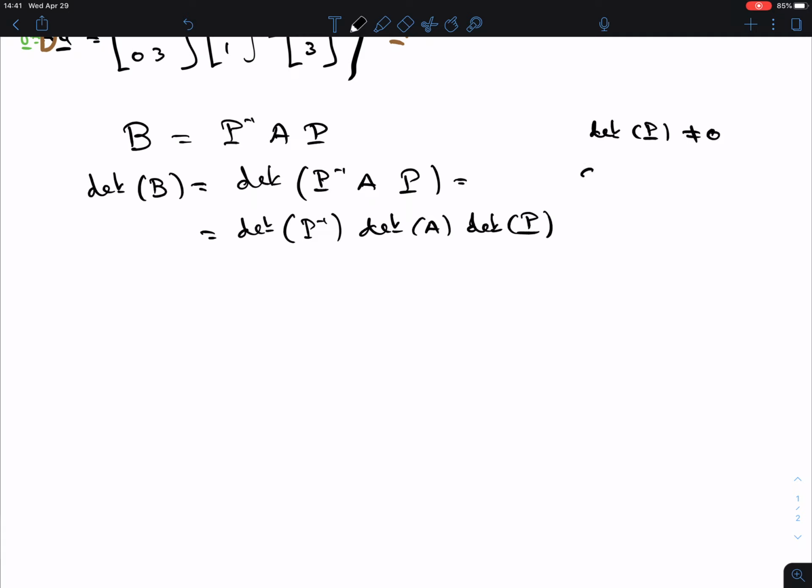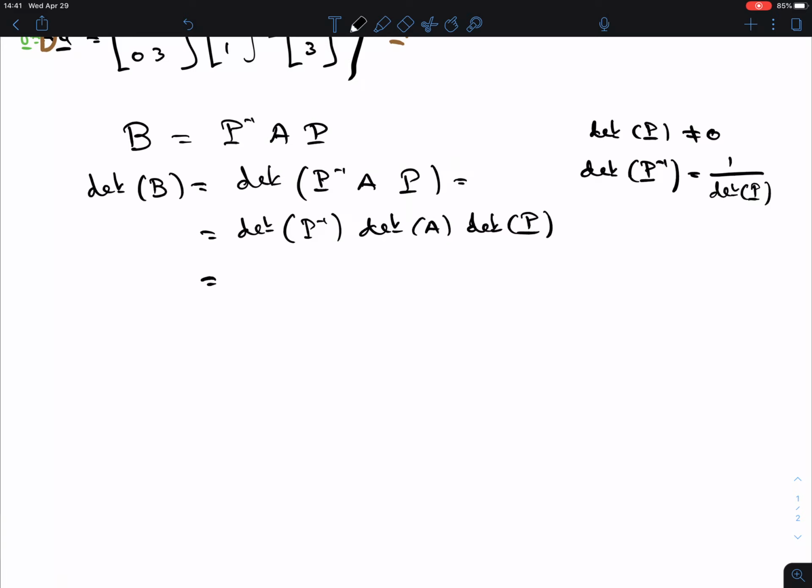What about the determinant of P inverse? Again, go look up in the topic on determinants. We actually showed that it is the reciprocal of the determinant of the original P. You kind of expect that it's going to be the reciprocal, right? It's multiplicative here.